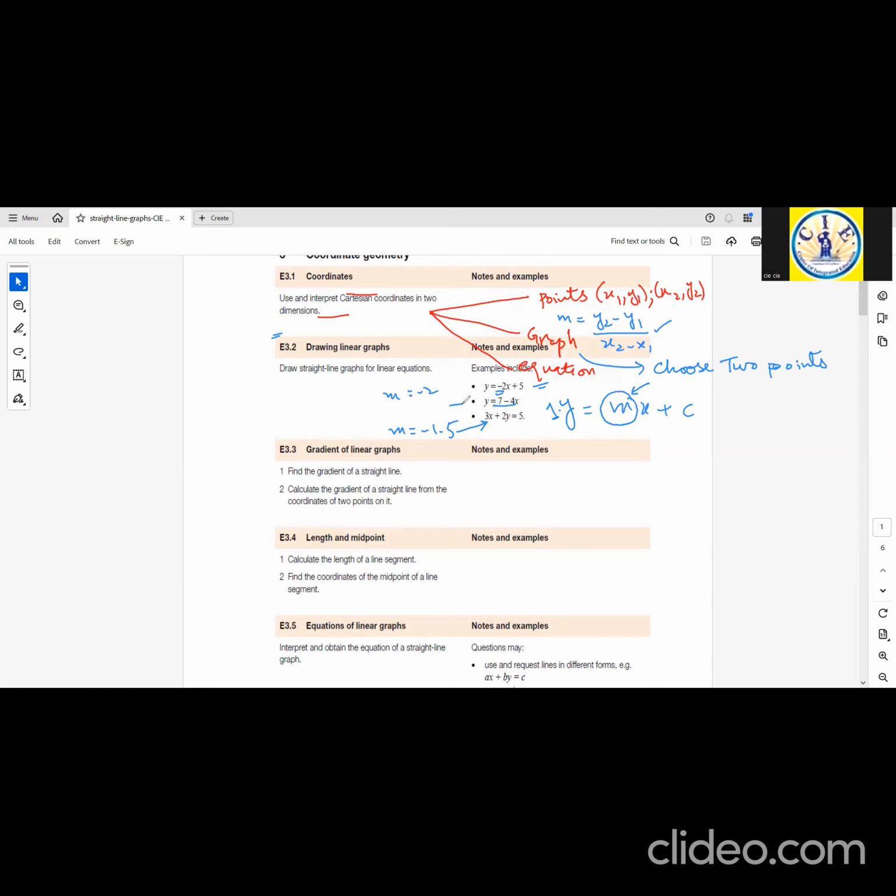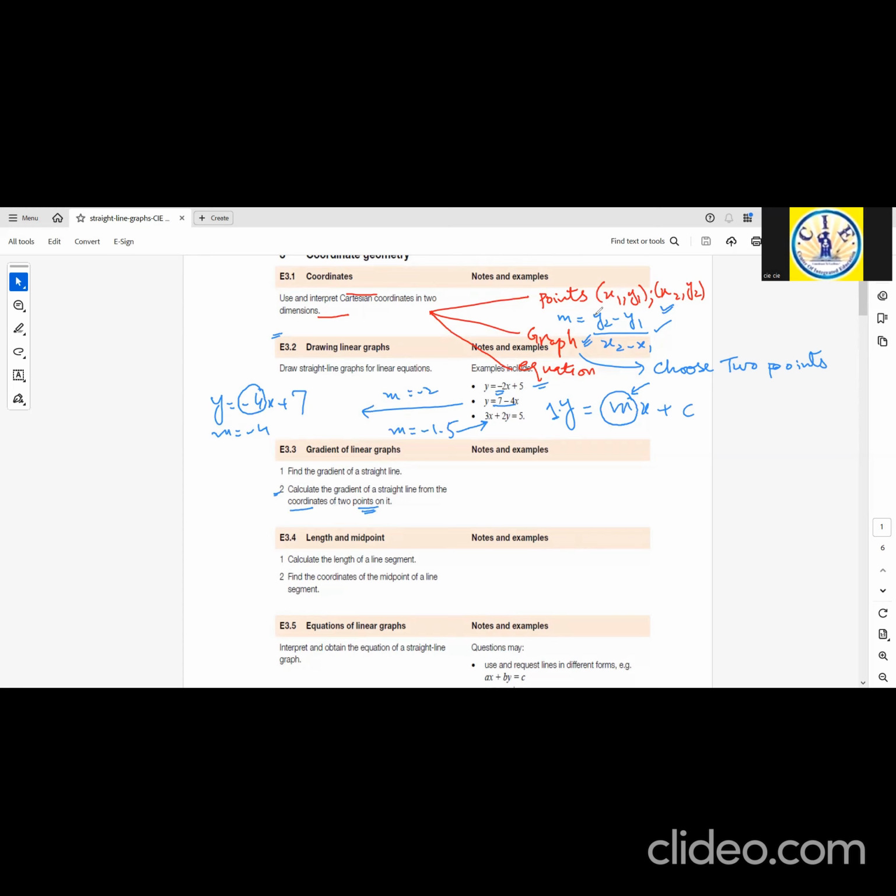And in this case, the gradient is the coefficient of x, or if I write it down as minus 4x plus 7, the gradient is the coefficient of x, that is negative 4. Okay. Now, calculate the gradient of a straight line from the coordinates of 2 points on it, as I've already explained. So this is what we need to do.